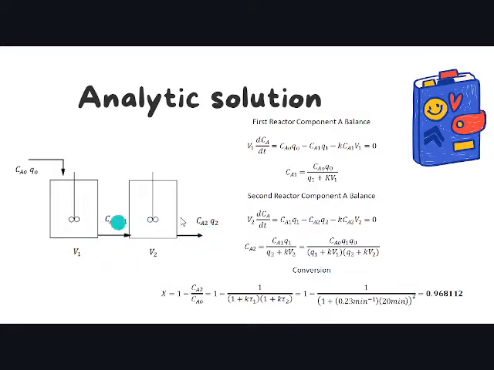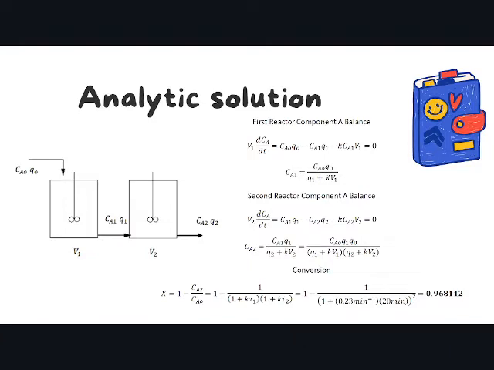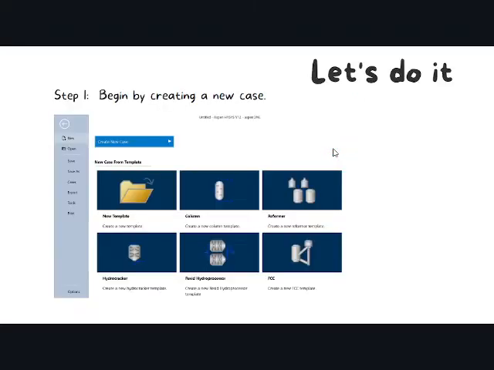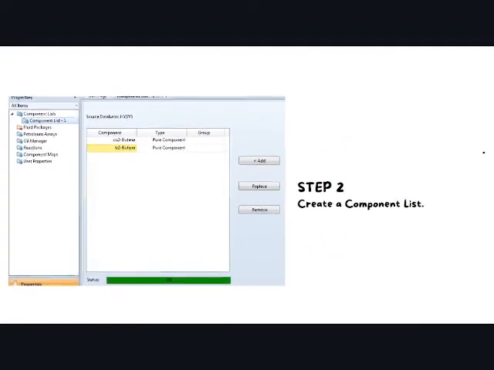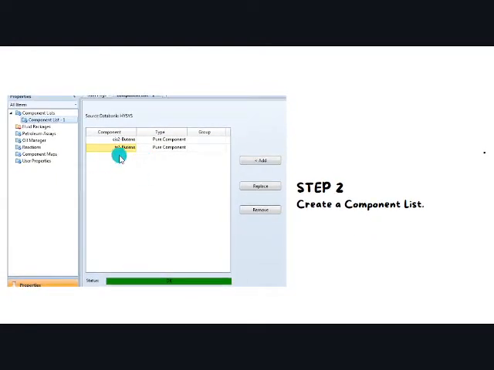Now we're going to validate this value of conversion. Can we get a similar value if we use the software? So now let's open our Aspen HYSYS software and start by creating a component list of cis 2 butene and trans 2 butene.